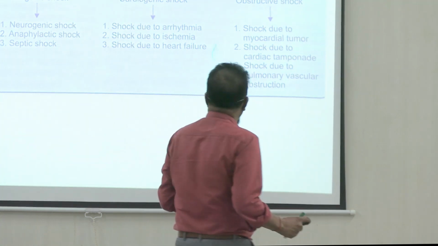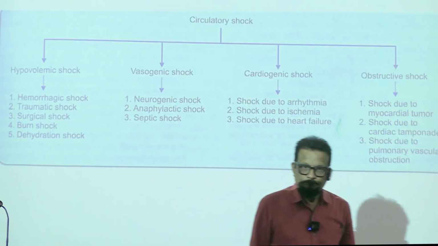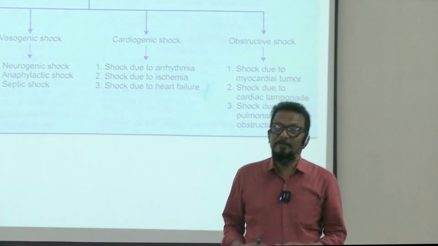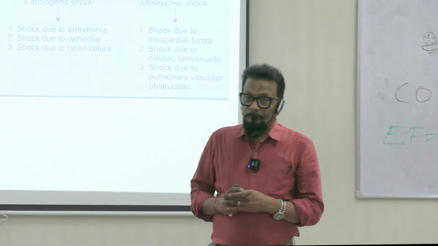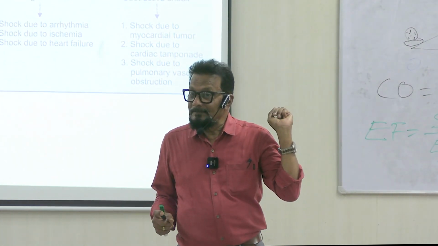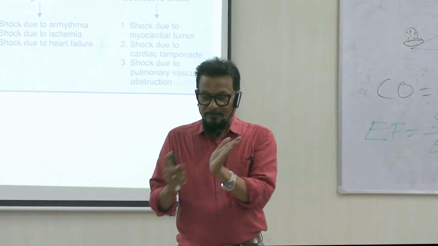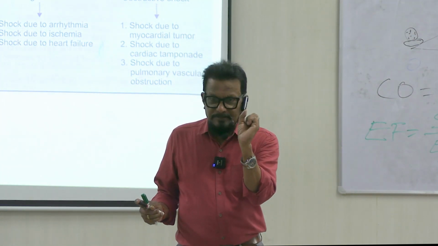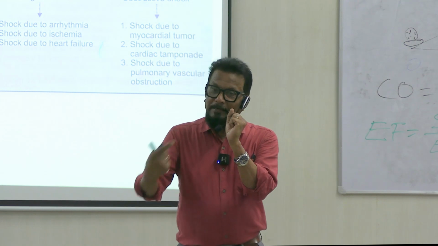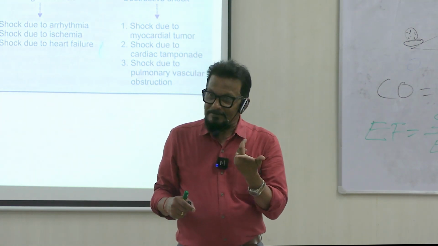Okay. Now another thing is shock due to ischemia. Ischemia, what is ischemia? Narrowing of the blood vessel. Which blood vessel? Coronary circulation, coronary blood vessels. If blood vessels are narrowed, less oxygen will come to the cardiac muscles.